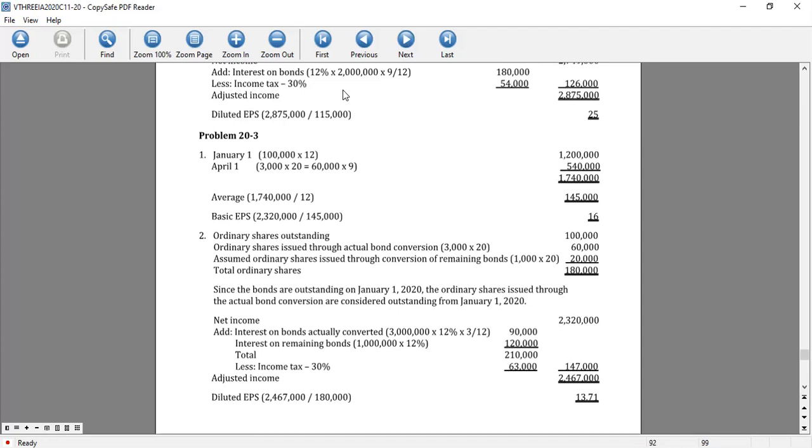That's from 1,000,000 divided by 1,000. So we have 1,000 and multiplied by 20. So you get 20,000. Total ordinary shares of 180,000, including the assumed conversion of bonds of 1,000,000.